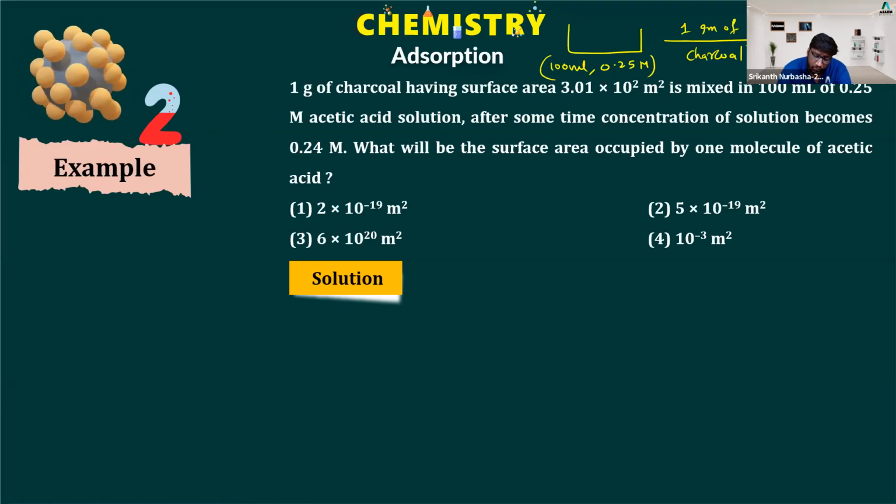0.24 molar. What is the volume then? Like how much volume is there after the adsorption? We have to assume that on the 1 gram of charcoal we have added, some adsorption is done. Because of this adsorption and the addition of 1 gram of charcoal, whatever the change in volume is there, we can neglect.